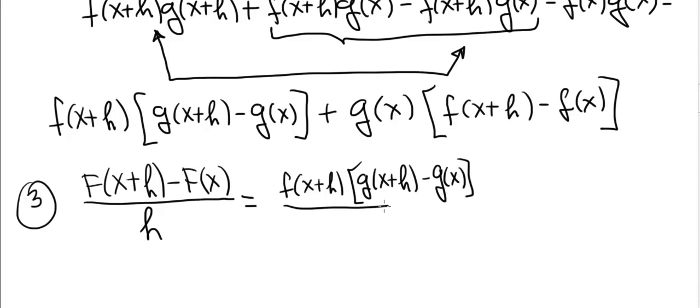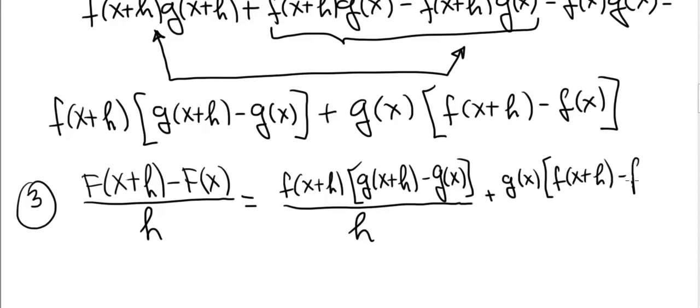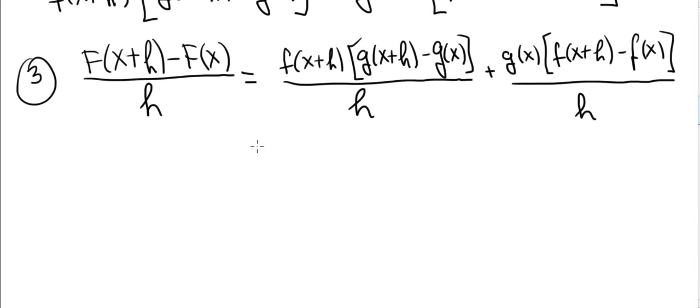Let's divide that by h, and then plus g of x times f of x plus h minus f of x, divided by h also. That's the end of step 3. We go to step 4 for the solution.